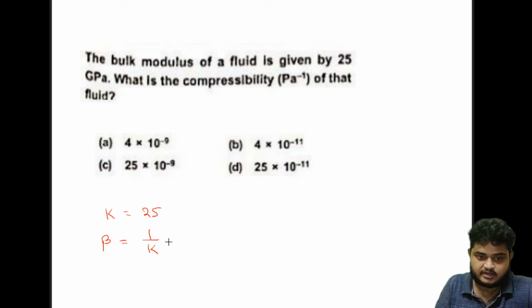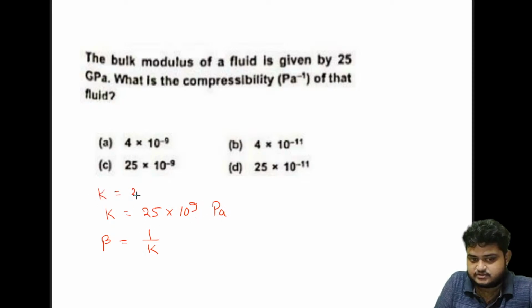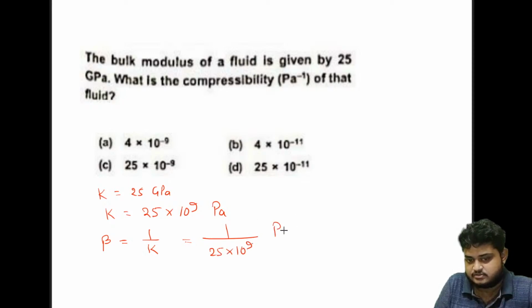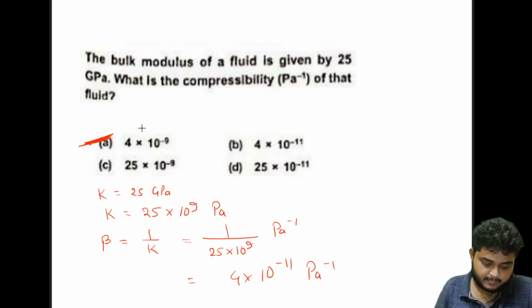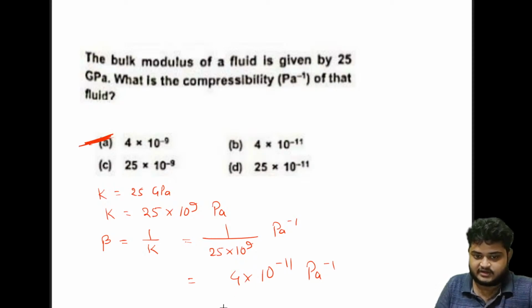We have to convert this into Pascal, so it will be 1 by 25 into 10 to the power 9, and this will be Pascal inverse, and the answer will be 4 into 10 to the power minus 11 per Pascal. So this will be the right answer, option A.